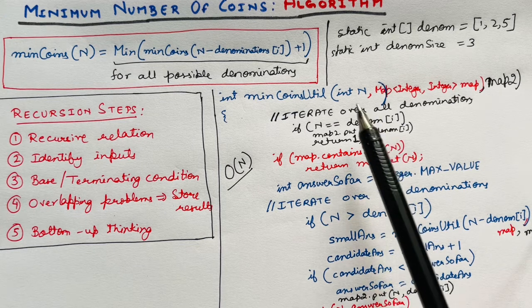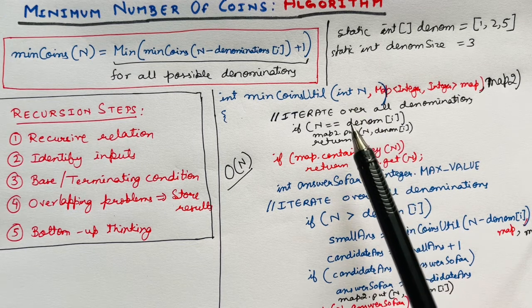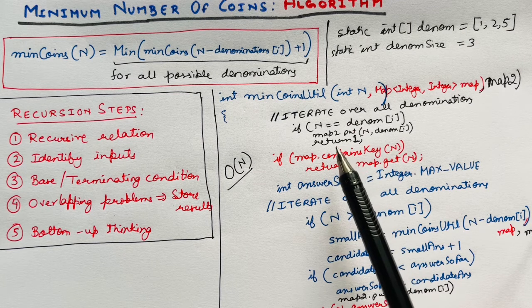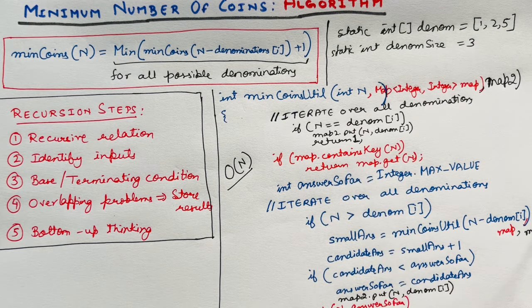Now whenever we encountered the same input for the second time or any number of times after that, we didn't solve it again. We simply checked the map and returned the answer from the map. So this brought down our time complexity drastically to big O of n. Now this completed our top-down dynamic programming approach to this problem.